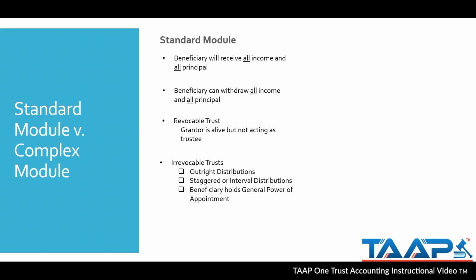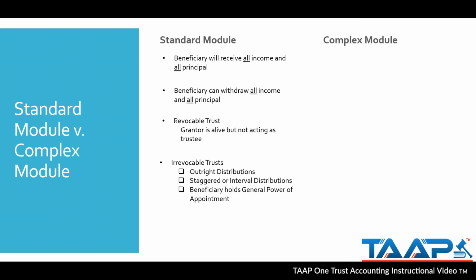And even in an irrevocable trust, where there's going to be outright distributions, perhaps in the short term, staggered or interval distributions, or where the beneficiary holds a general power of appointment. So there's going to be many trusts that are going to be utilizing a standard module.